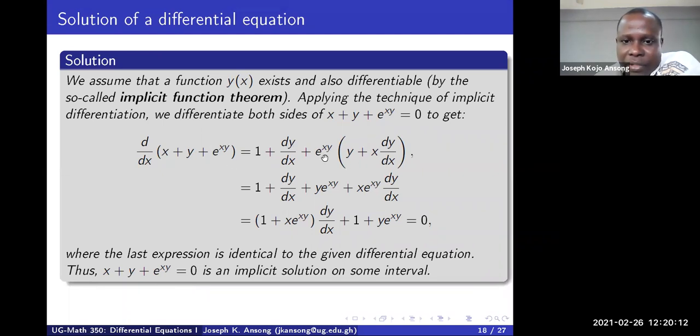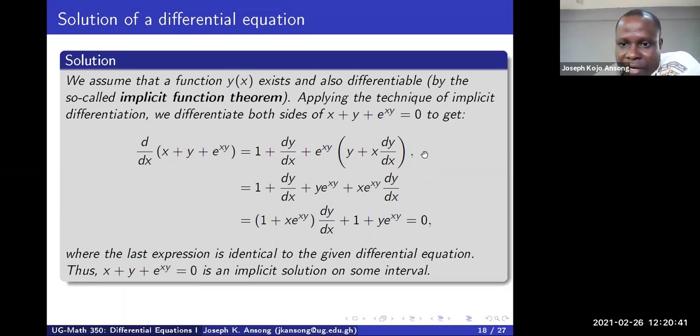I can pull out e to the x and then use the product rule to find the derivative of the exponent here. I differentiate x, I'm left with y. I leave x, differentiate y, I get that. So I can rearrange this, multiply through by this, and you get this. Pull out dy/dx, and you have this expression plus this one, and then that one.